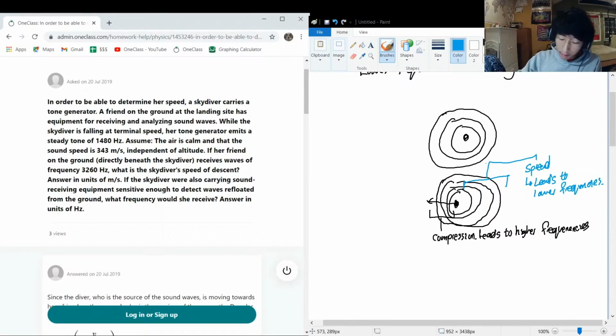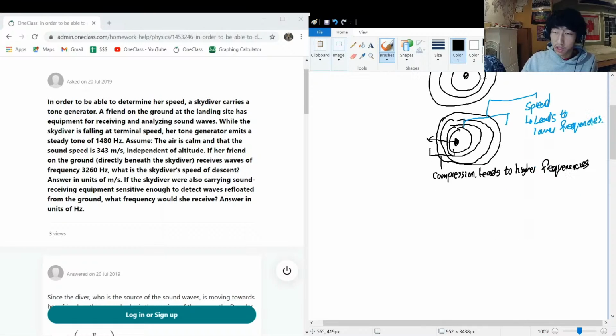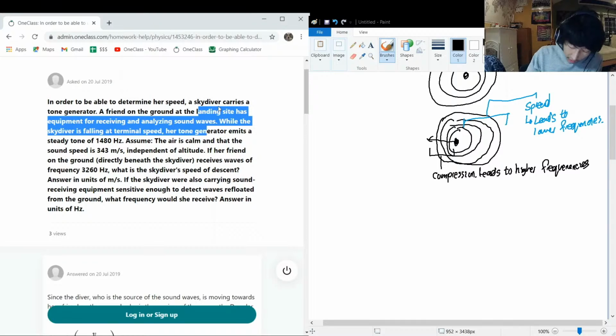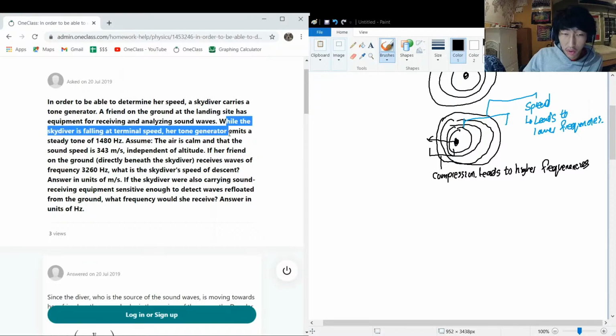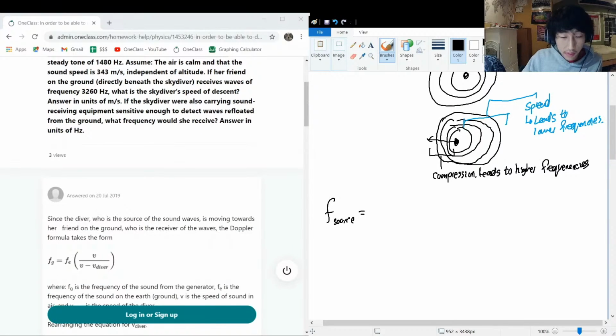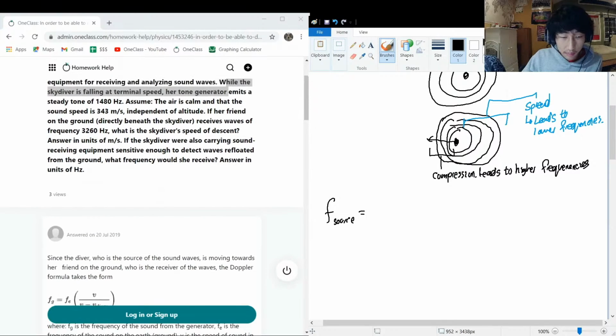Okay, cool. Let's extract some of our given information and then calculate what's going on, because there are some nice Doppler effect equations that can help us come to a conclusion. We have a skydiver at terminal velocity, so our velocity is going to be constant, which is nice. The tone generator, the F source, is 1480 hertz.